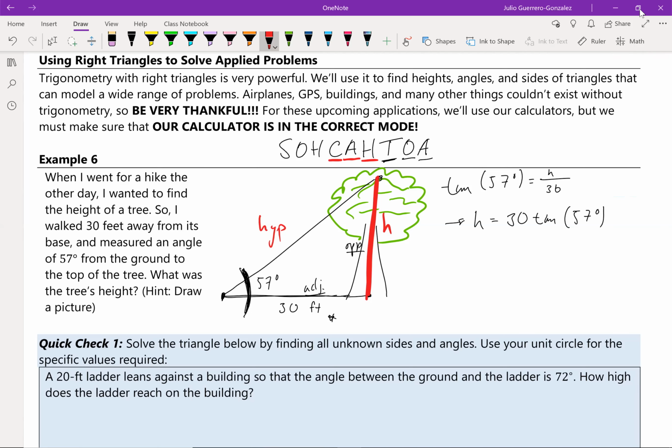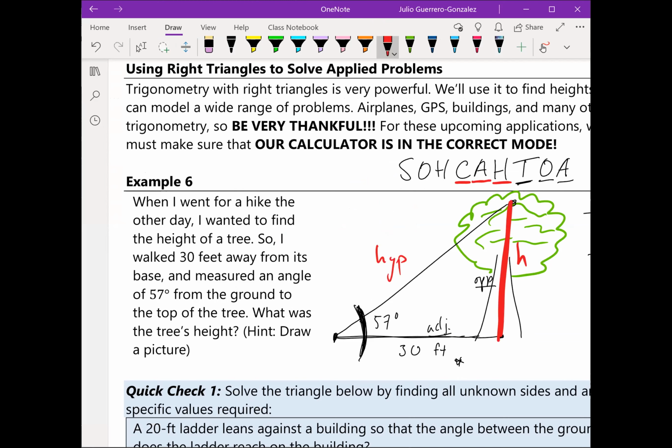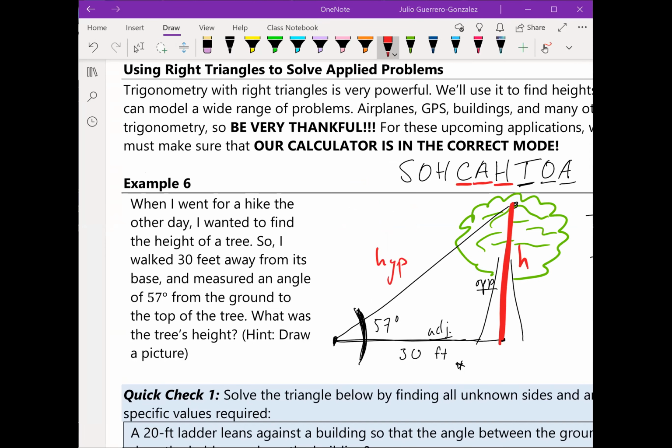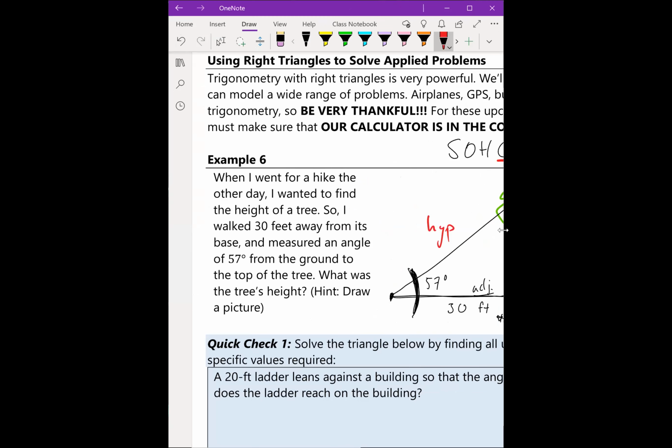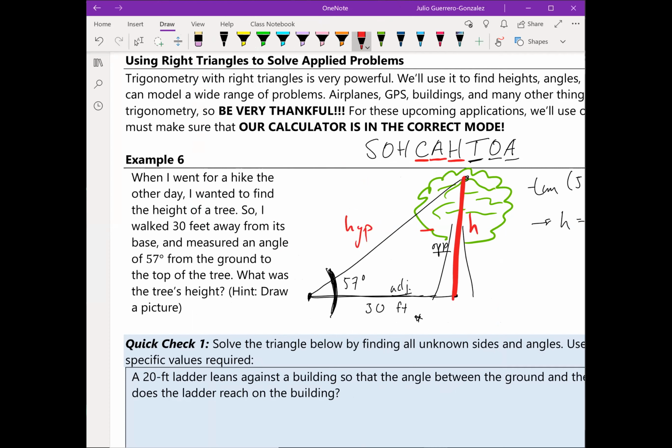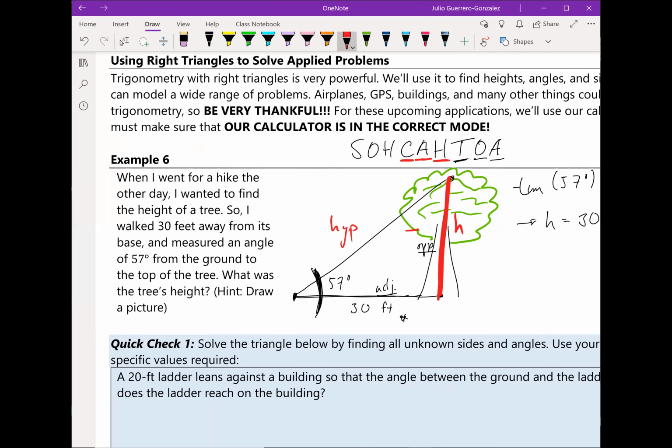Let me go ahead and give a word of caution for everybody really quick. Let me open up my calculator here. The word of caution for everybody is the mode of your calculator. Your calculator can do math in two separate modes.